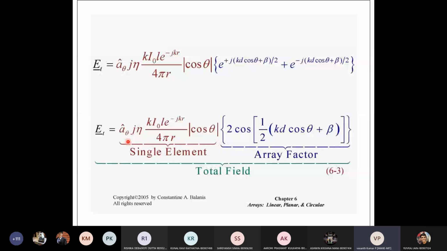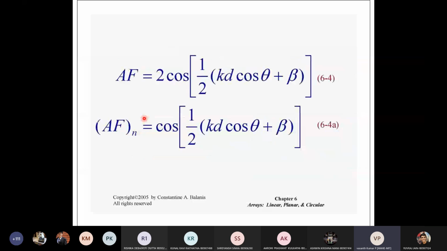This is the element factor. Element factor means considering an infinitesimal dipole at the origin, placed horizontally. This is the array factor. For the normalized array factor, you divide by 2, making the maximum value equal to 1. I have discussed what normalized means.